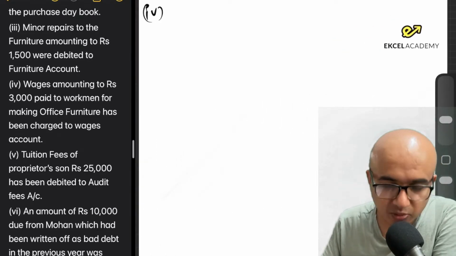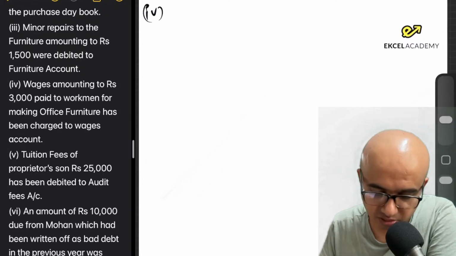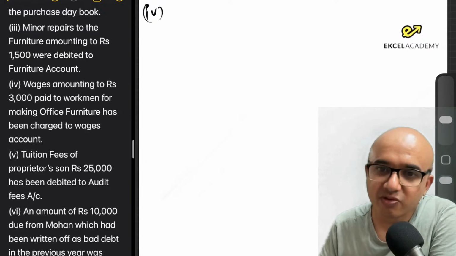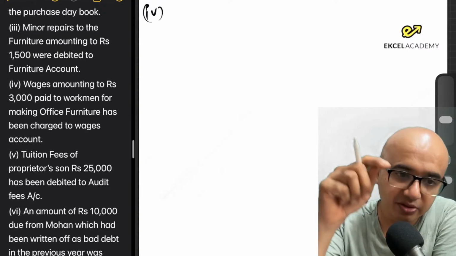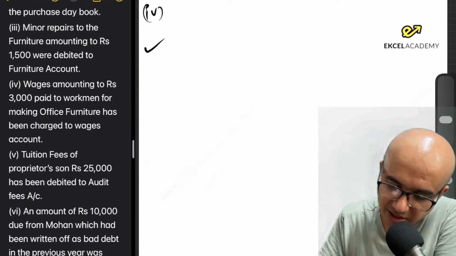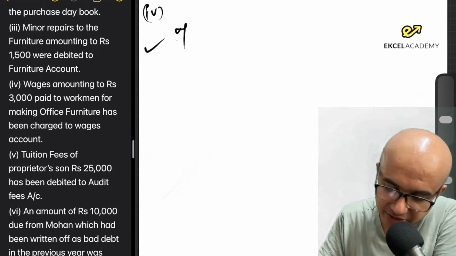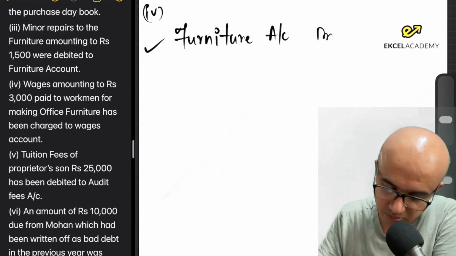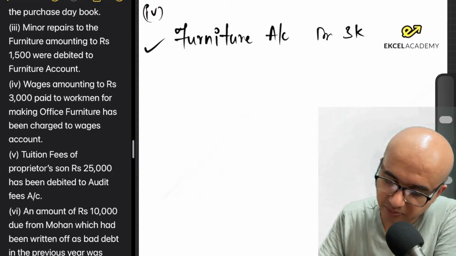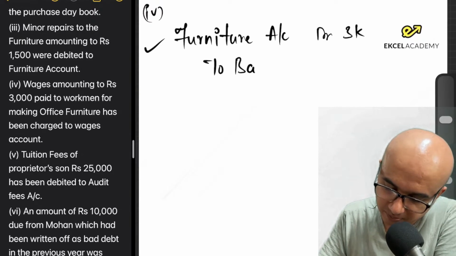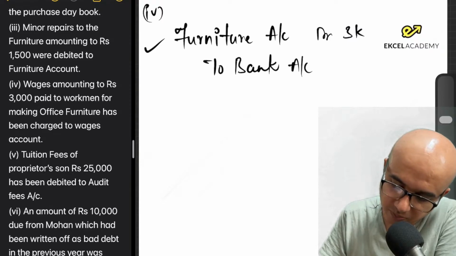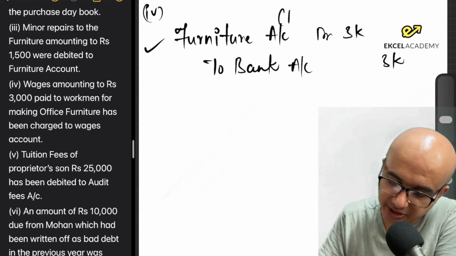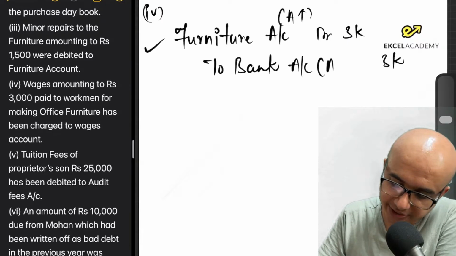So now the wages amounting to 3000 paid to those workmen for making office furniture will be considered as part of the cost of the furniture itself. So therefore, the correct entry should have been furniture account debit 3000 to bank. This is the entry: increase in asset and decrease in asset.